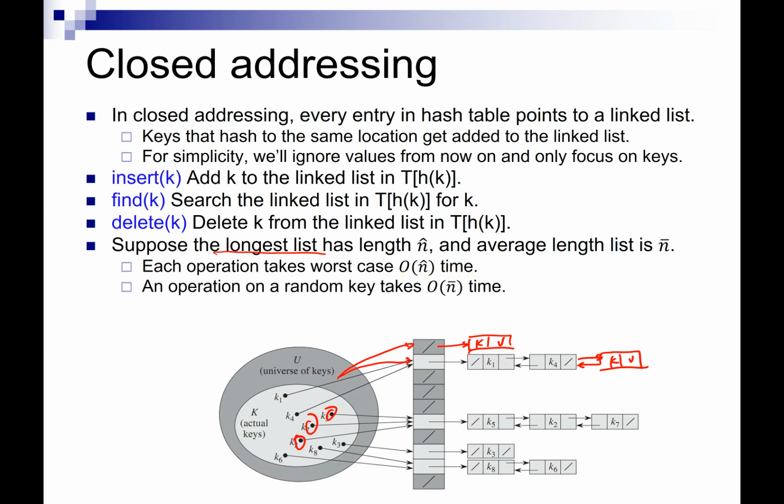On the other hand, a random key is going to hash to a random location, and the length of a random location is going to be m bar by definition. Therefore, with a random key, you're going to have m bar running time.